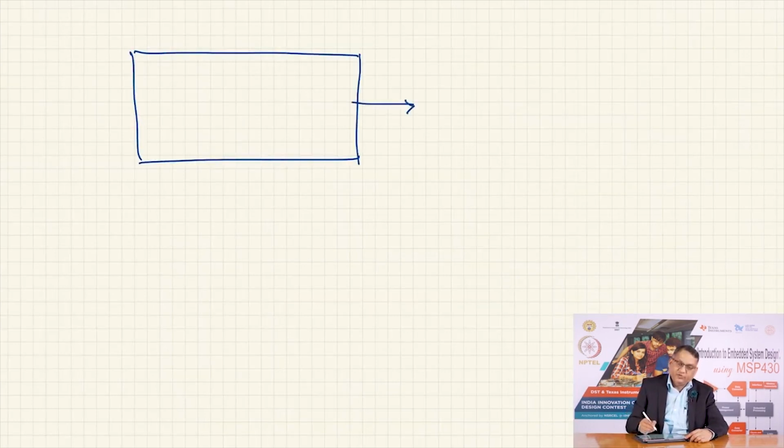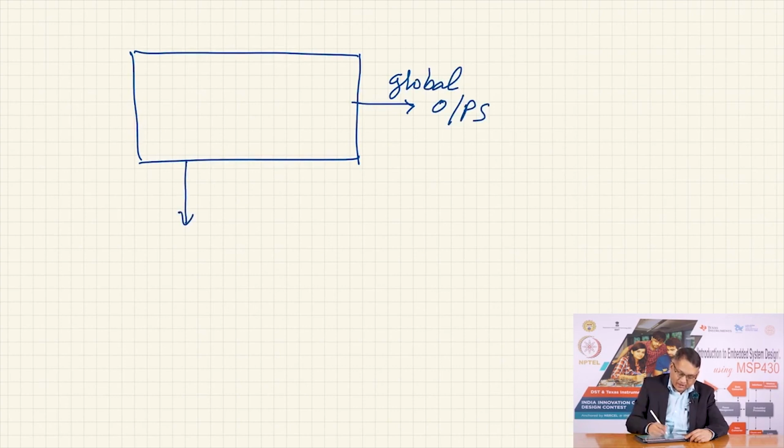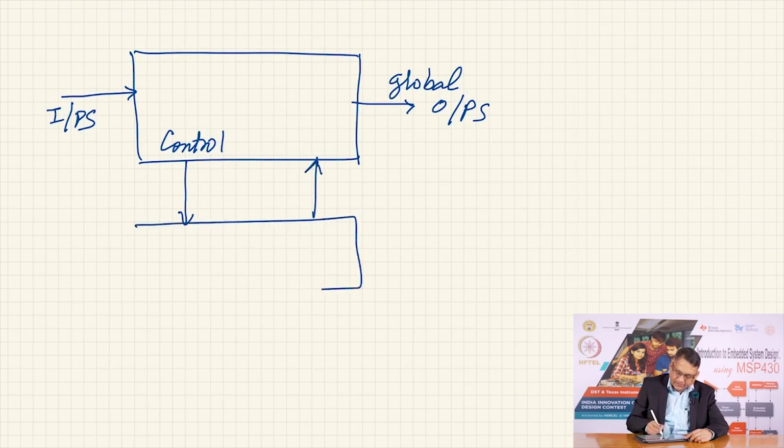One which could be for global output. So, these are global outputs, and it would produce outputs which are control signals to the data path element. So, these are control, and it does that with the help of asynchronous inputs together with inputs coming from the data path elements, and so these are status inputs.